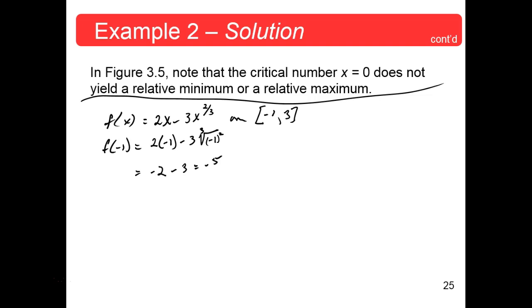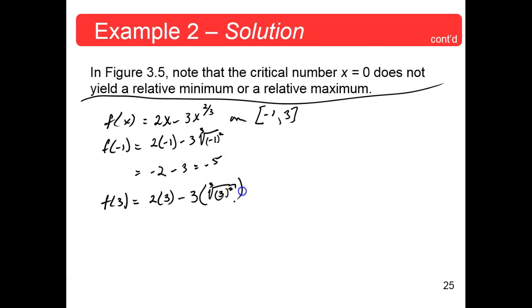Next. Alpha 3 is equal to 2 times 3 minus 3 times the cube root of 3 squared.